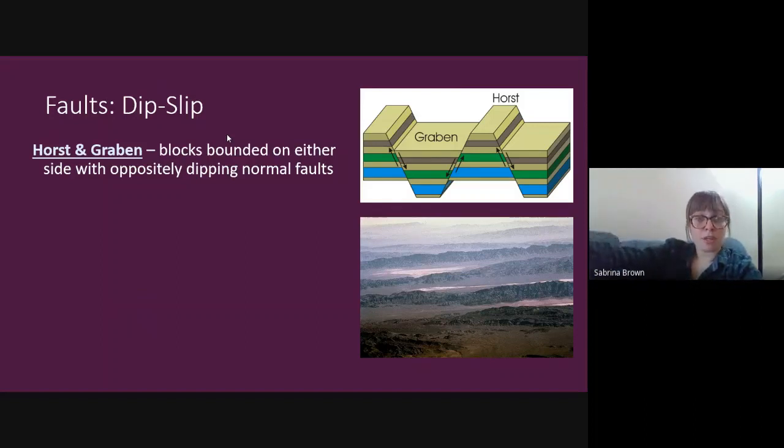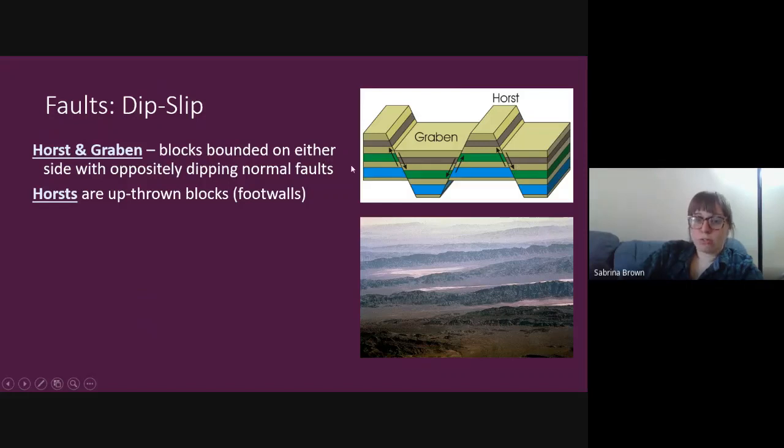Horsts and grabens are just blocks that are bounded on either side by normal faults that have opposite dipping angles. What we get is this general extension pulling these apart, and we get these downthrown blocks called grabens.